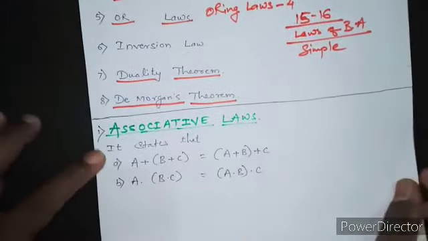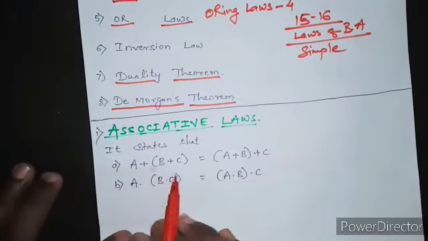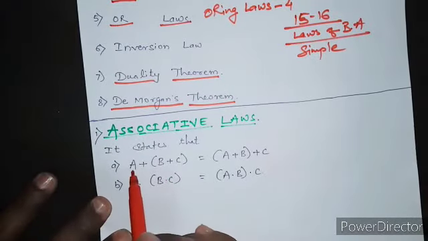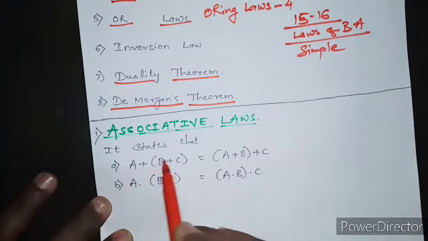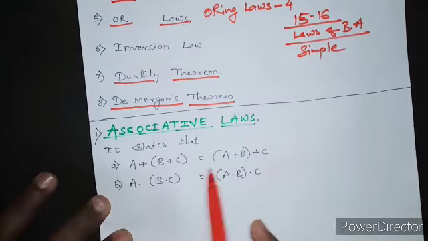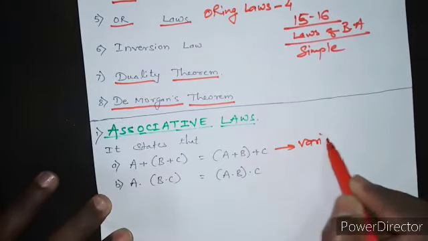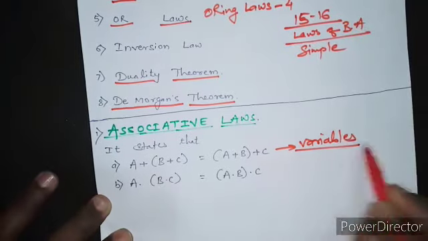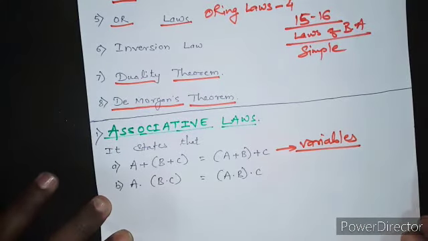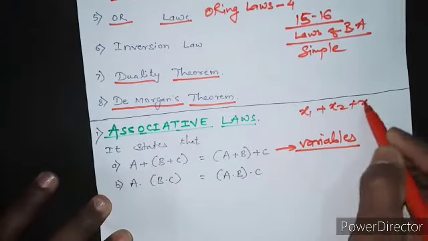So the first law is associative law. Now what does it state? It states that A plus, in bracket, B plus C. Now these A, B, C are all variables, input variables, like we have x1 plus x2 plus x3 equal to 0.